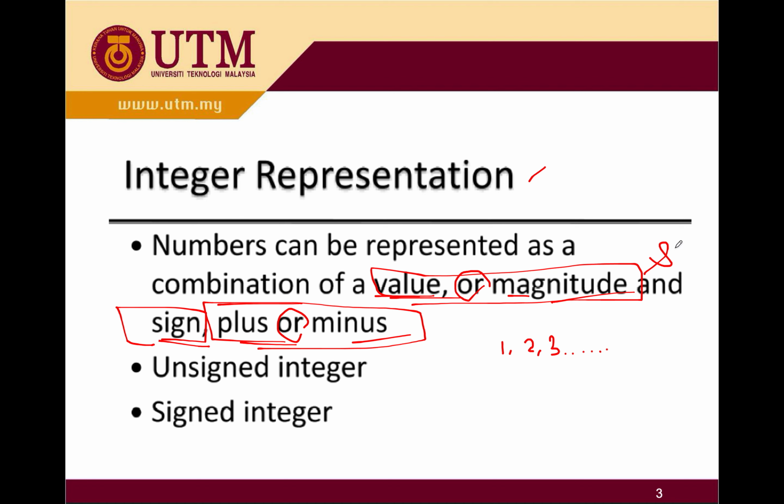And what you need to have is a sign, either negative or positive, plus or minus. Whether the operation is plus or minus depends on the representation, and the sign is also on the integer. Basically it is either an unsigned integer or a signed integer.